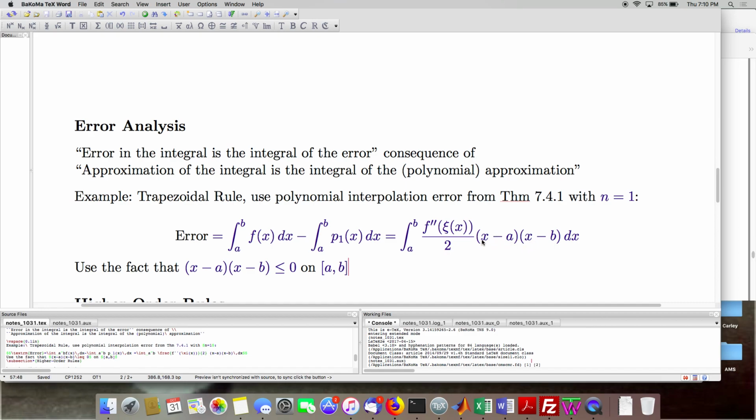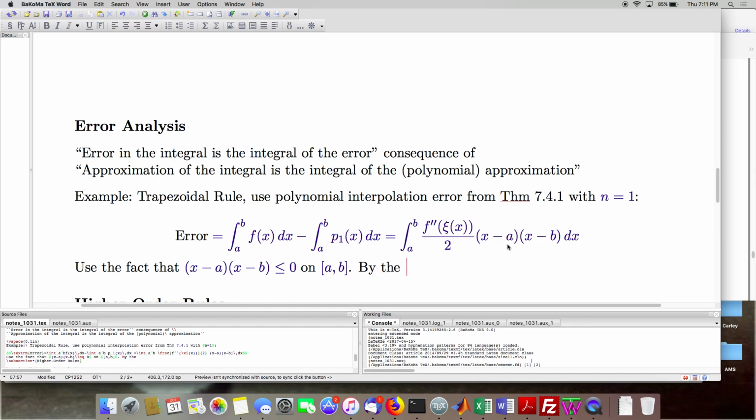Now, when inside the interval, x minus a will be positive, x minus b will be negative. So the product as a whole will be negative, and then 0 only at the endpoints. Now, who cares? Well, the weighted mean value theorem for integrals cares.